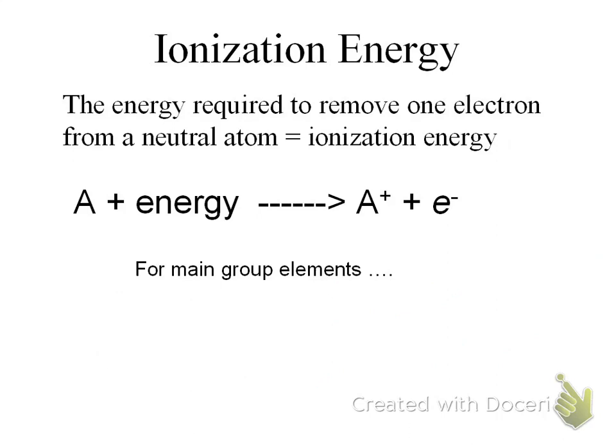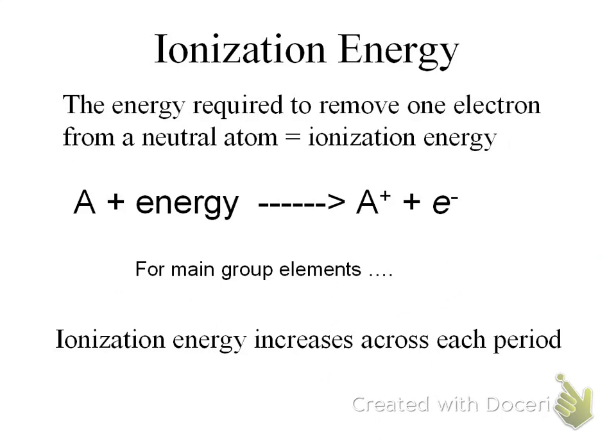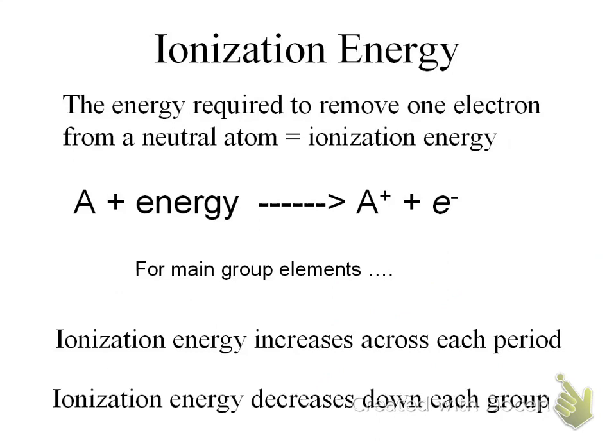And for main group elements, ionization energy increases across the period. So that means as you go this way, ionization energy increases. As you go down, the ease at which an electron is removed becomes easier. So it takes less energy.